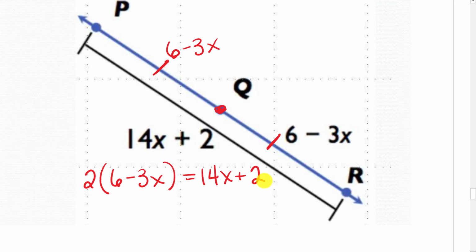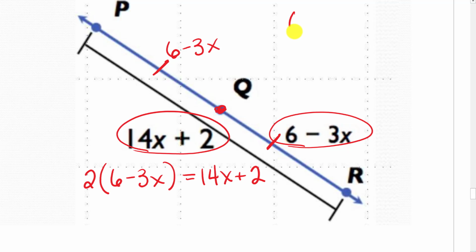And that would be the equation I would want to solve. It would be the same as saying to yourself, all right, this half of this segment would equal this one. So you could set up this equation: 6 minus 3x equals 14x plus 2 divided by 2, half of that.